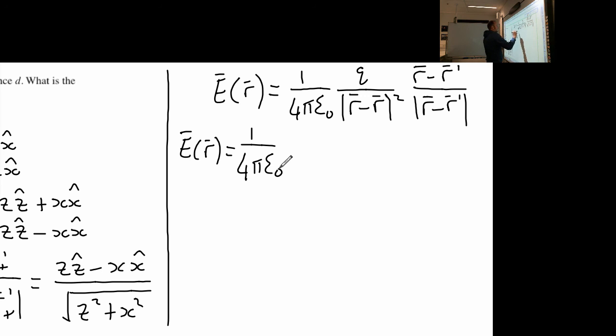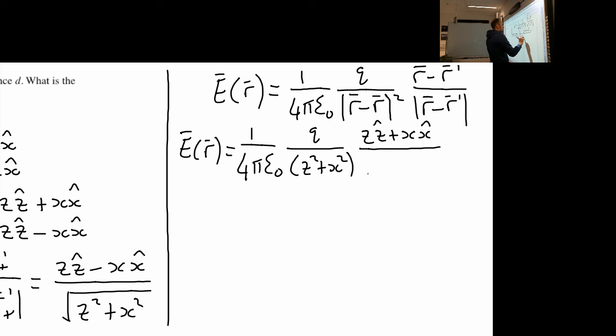So we have q all over the square root of z squared plus x squared, squared, so all over z squared plus x squared, times a unit vector, which was z hat plus x hat, divided by the square root of z squared plus x squared.